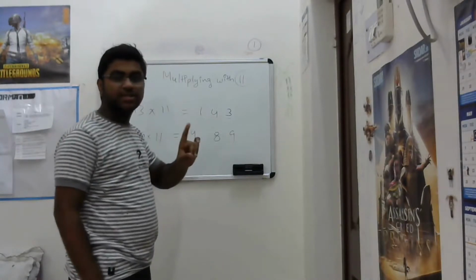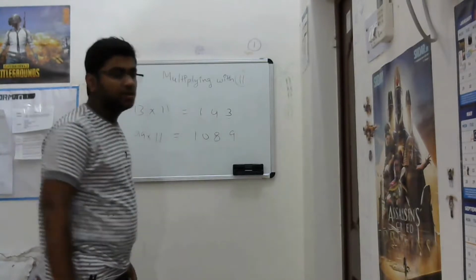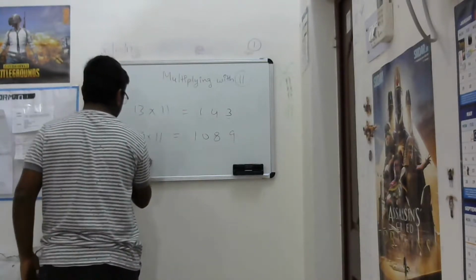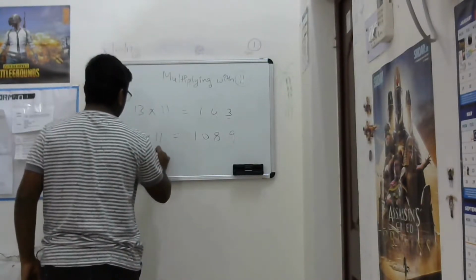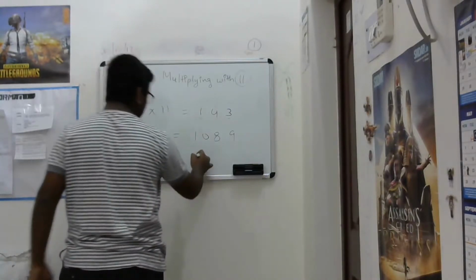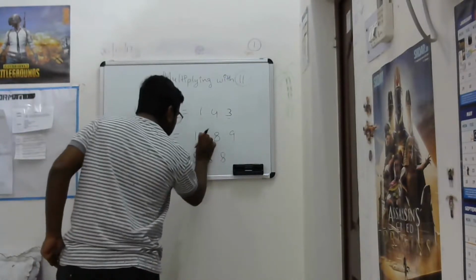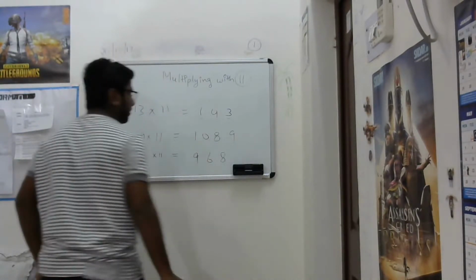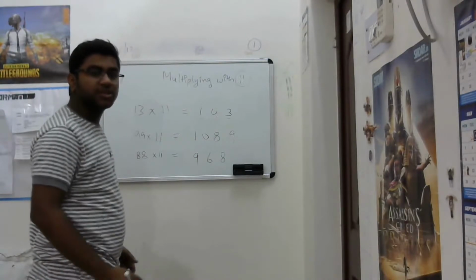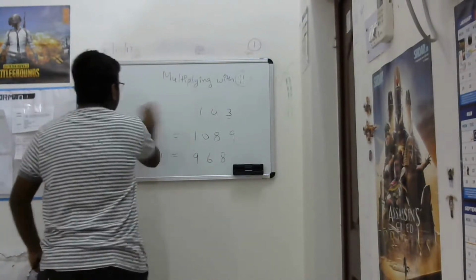So 1 is carried forward and this becomes 10. You can check it. Likewise, you can easily do 88 into 11. It becomes 8 here, 8 here, 8 plus 8 is 16, you write 6 here, and the carried 1 makes this 9. So it's 968.